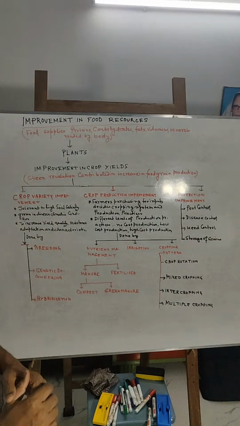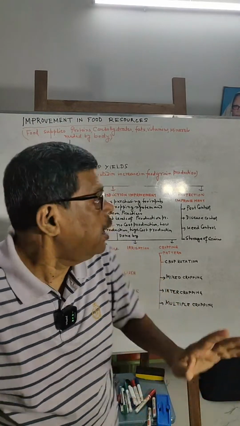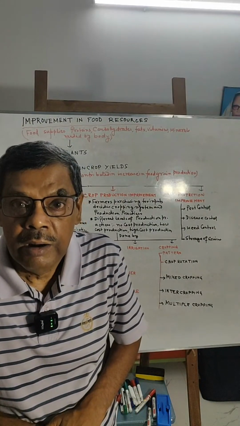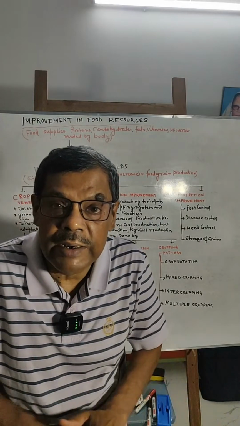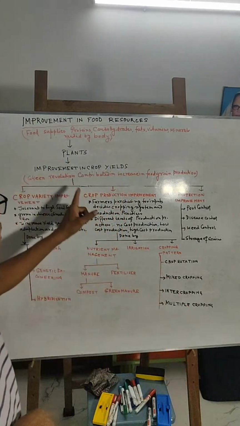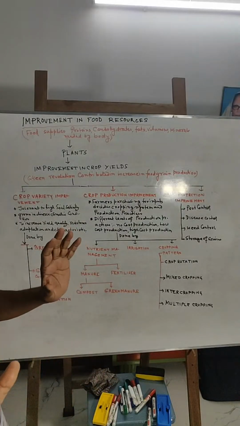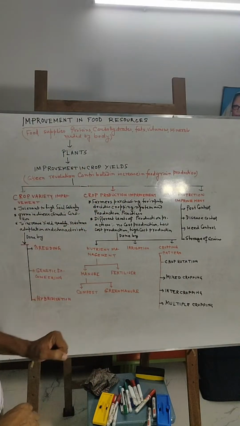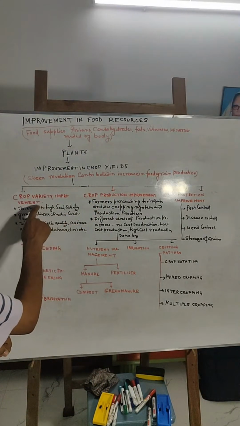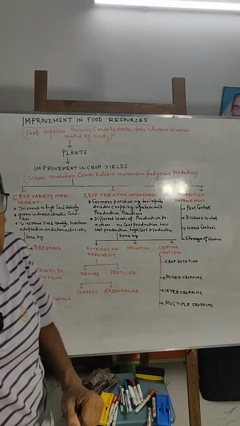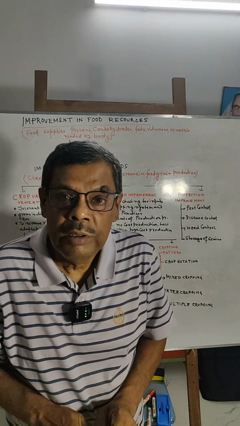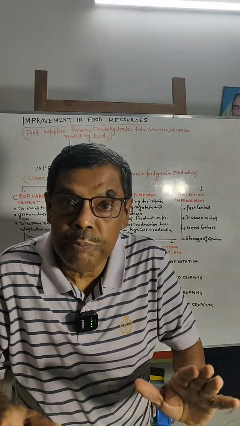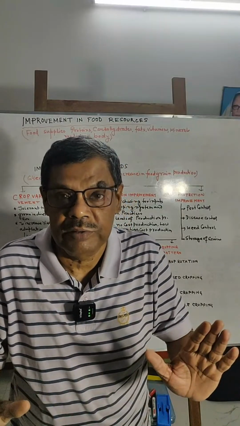Green revolution contributed to food grain production. Food grain production was completed in our country by the green revolution. Next, what are the steps of food resources by plants? First step is crop variety improvement. The variety of crop would be improved by various processes.